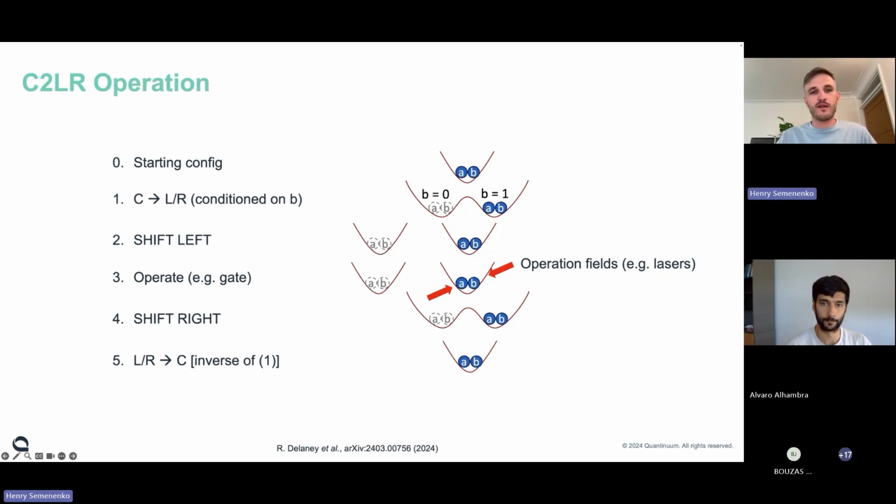We could then globally shift all of our qubits to the left, apply an operation only on those qubits that happen to be in the center, back where they started, and then we can shift everything back to the right and then do an inverse operation to recombine them. And so you can see the two paths through here where either we've applied our quantum operation, and so this may be a gate, this may be a transform, or we haven't. And so this is how we can scale our system.